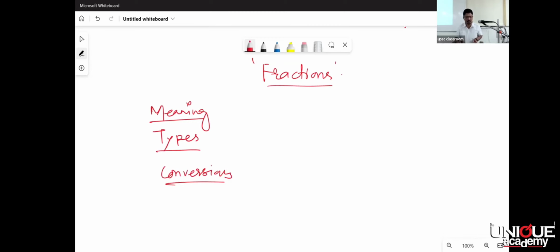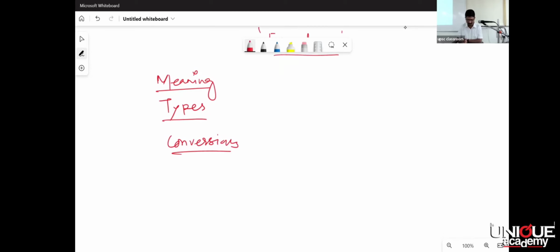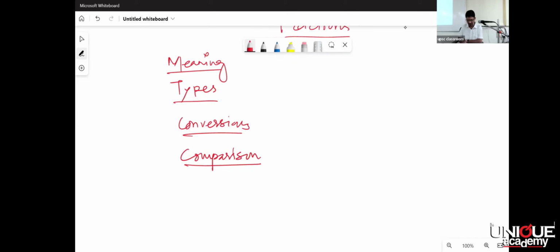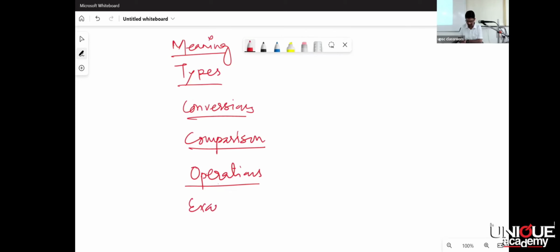Then we have comparison of fractions. Then we have operations on fractions. And last but not least, examples, basics as well as applications, word problems also.